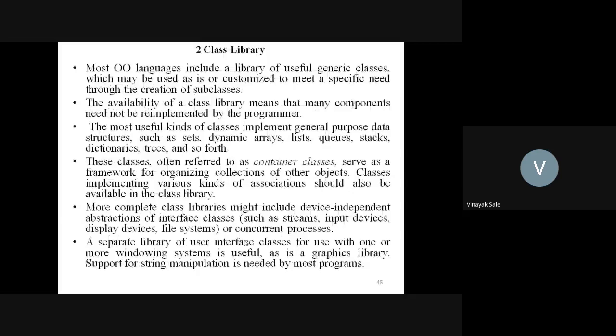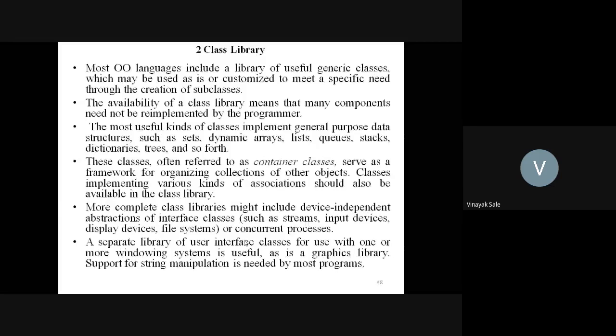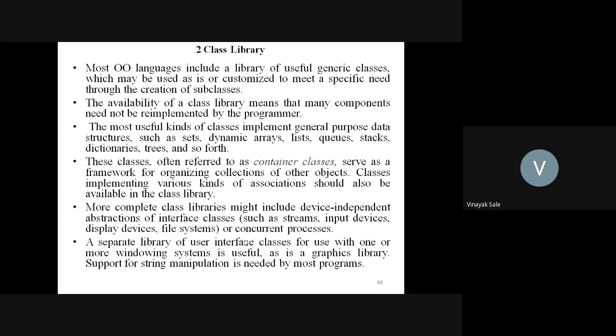Then second is class library. Most object-oriented languages include a library of useful generic classes which may be used as is or customized to meet specific needs through the creation of subclasses. The availability of a class library means that many components need not be re-implemented by the programmer.